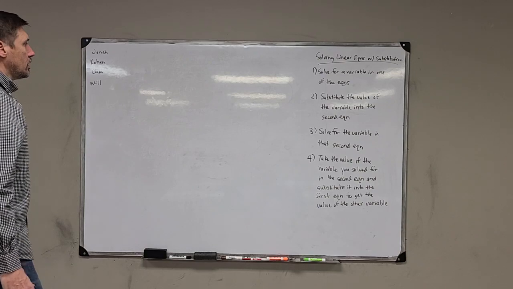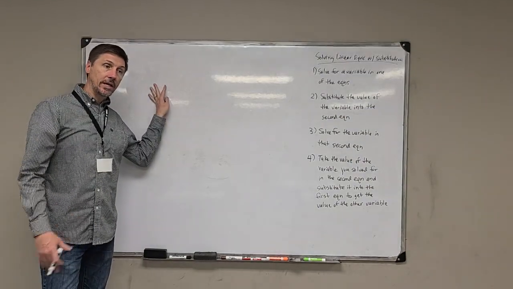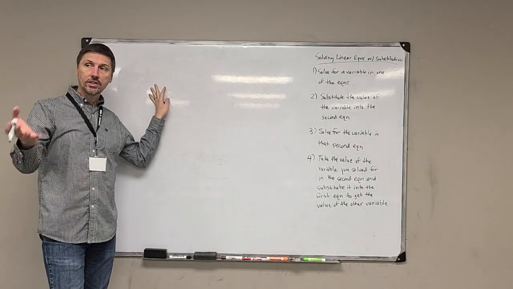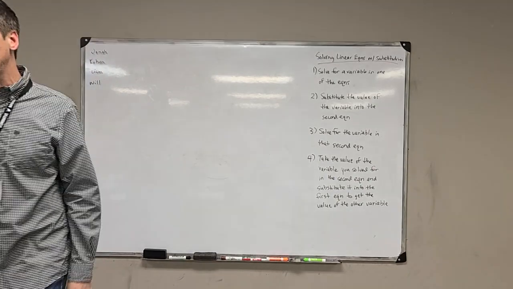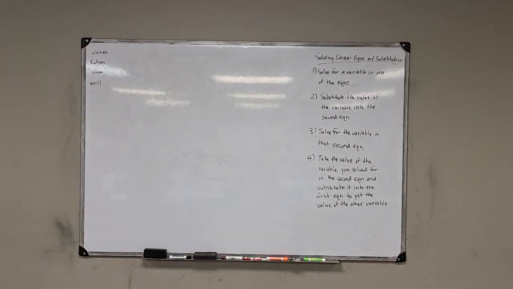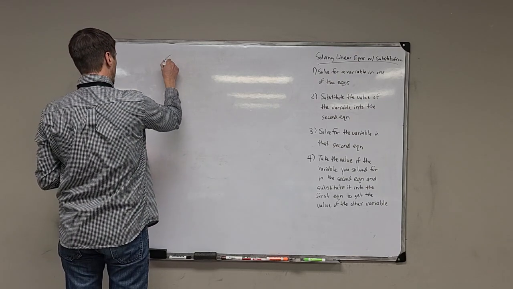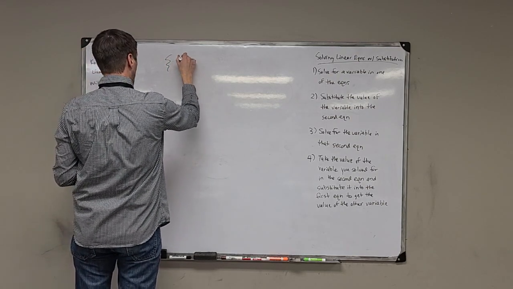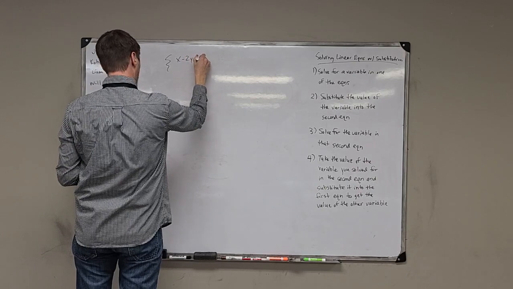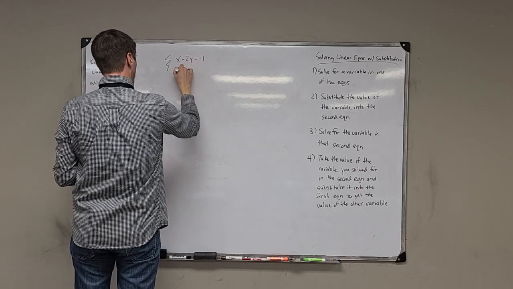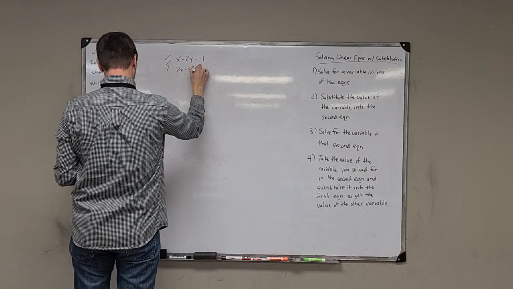So in the previous chapter and the problems that you're going to have on the test, they've already solved for one of the variables. But now they're going to give us two equations where they haven't solved for one of the variables. So you might be given two equations that look like this. X minus 2y equals negative 1. 2x minus 3y equals 4.